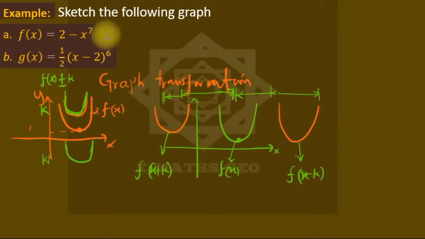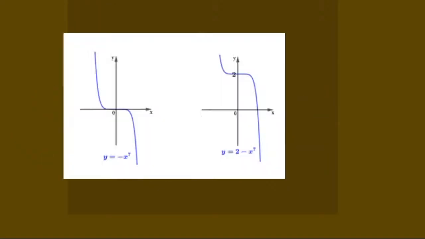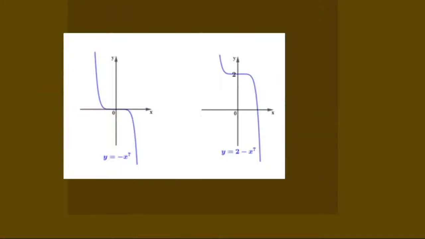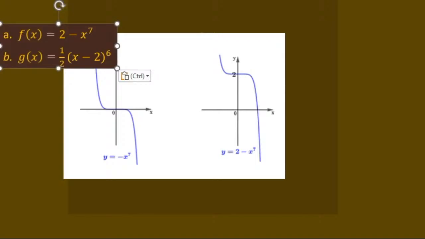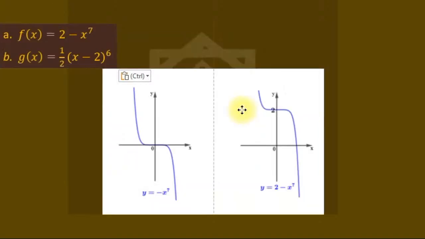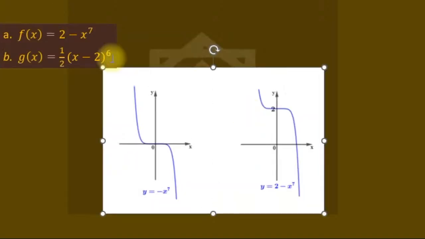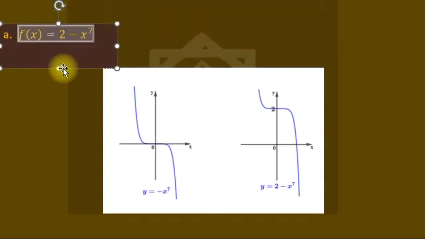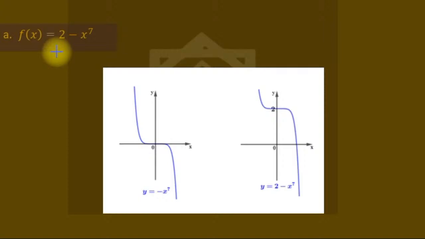For the first one, look at this. We are given the first graph. I used an app so that it will be easier for us to see. We see that we have two graphs. One is the parent graph.